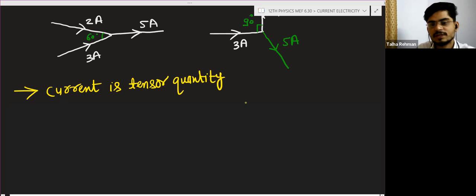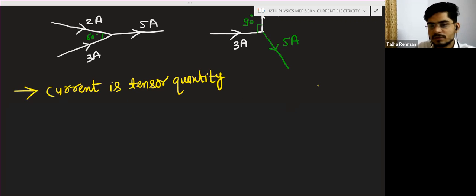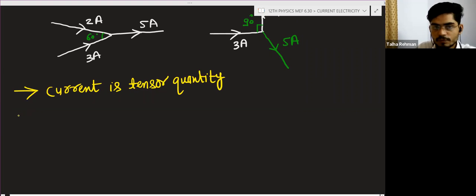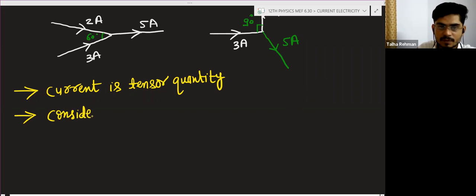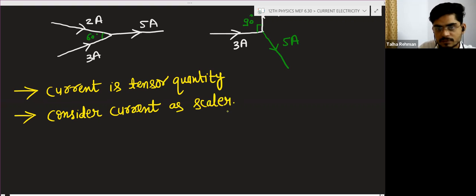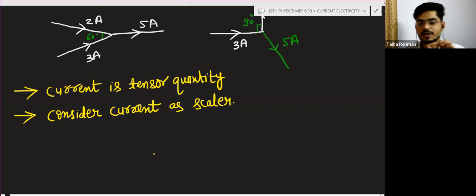But tensor quantities are not part of your syllabus, so you will consider current as a scalar. Consider current as a scalar. Okay, you can directly add the current.